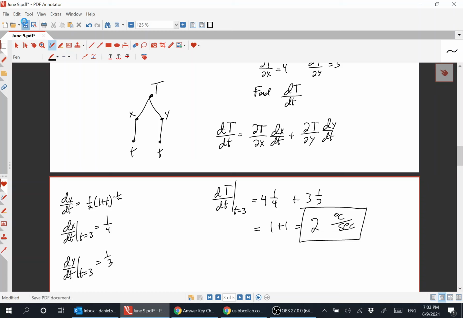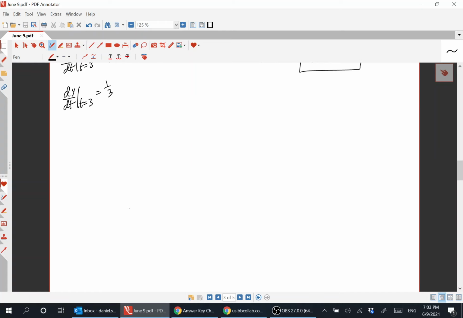So those are nice. Related rates is really done properly using the chain rule.